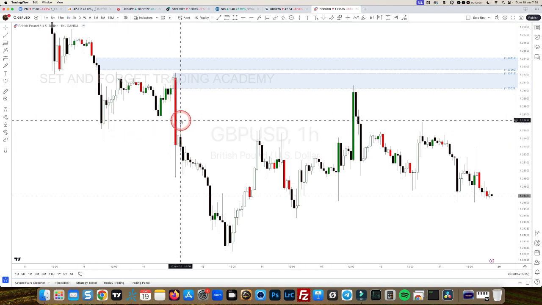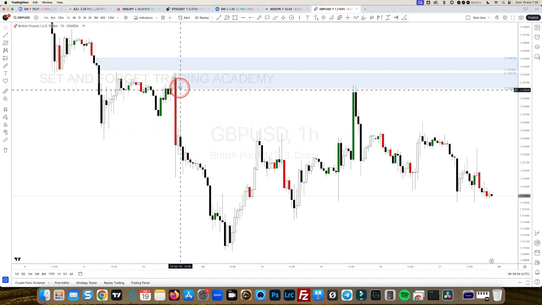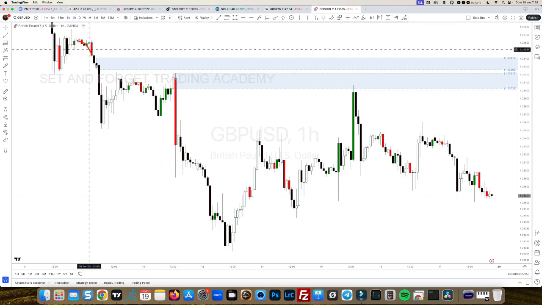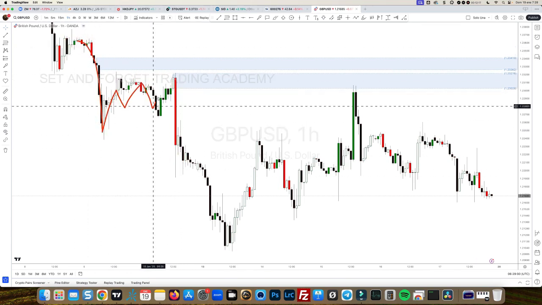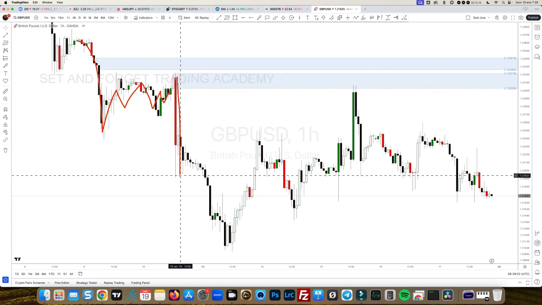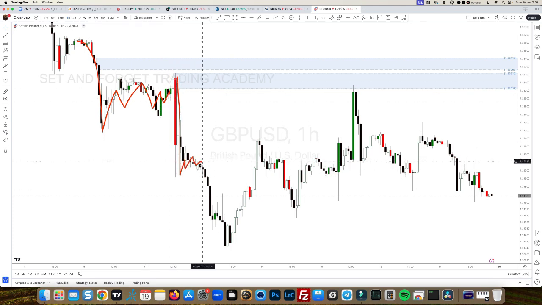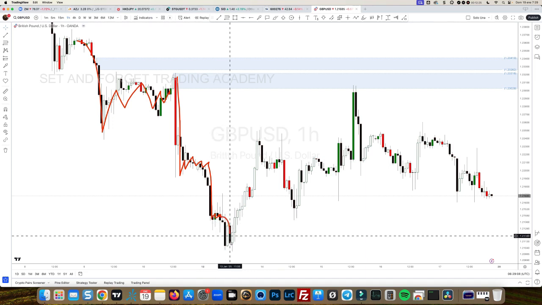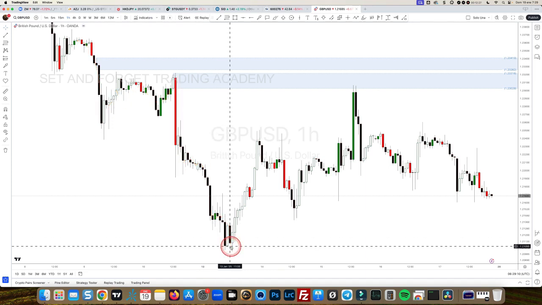But what I'm talking about is that we need these strong impulses. And as you can see, the prevailing trend is a very strong impulse, a pretty poor correction, a strong impulse, correction, strong impulse, a small correction, and then it starts to slow down.